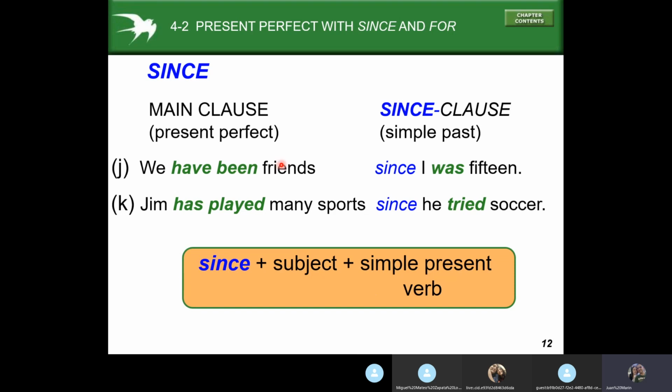Since plus subject plus the simple present verb. No, this is not good. It's the simple past, the simple past verb. They committed a mistake here.